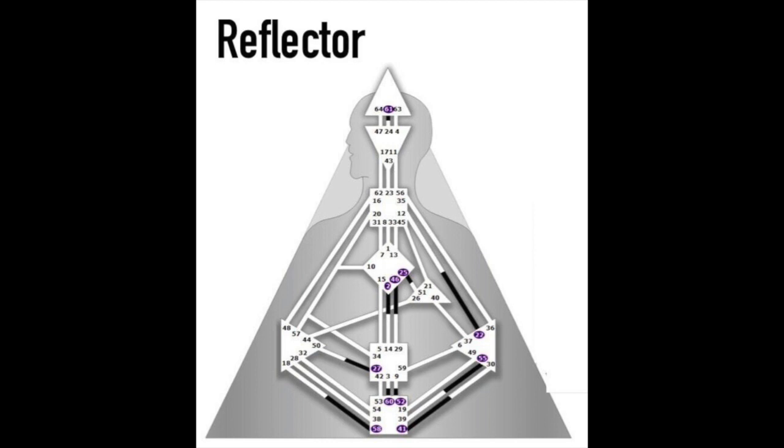Now what that means is when a center is not colored in or defined, the person really struggles to use that center or ability, and they more so rely on other people to bring that to the table. And so for a reflector, having nothing defined seems like it would be really scary, but they do have innate gifts that are essential for society.